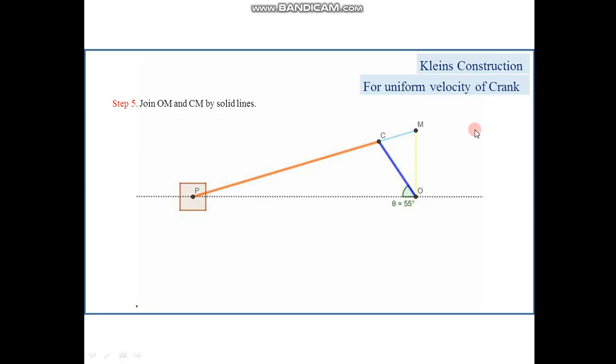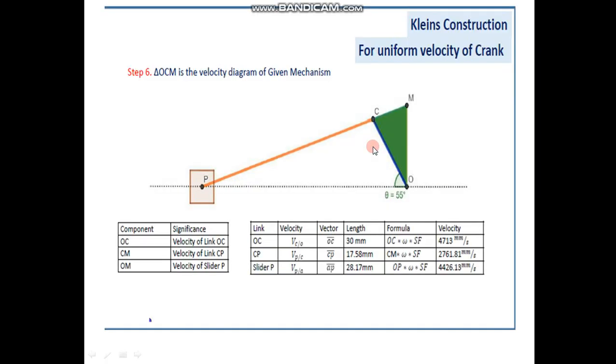Now how can we use this polygon to get answers? What we need to find out is the velocity of the piston and the angular velocity of the connecting rod. If you remember the actual velocity polygon by the relative velocity method, try to remember that polygon, then we get an idea about this polygon. How do we get this polygon? This OCM is known to you.